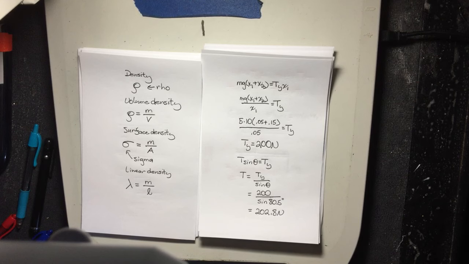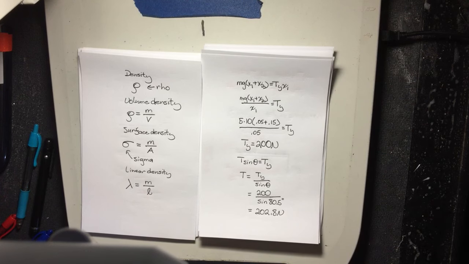Rho and lambda will definitely be used for test 3 material. Lambda just gives you, if you've got a string, a meter long string, you don't want to take the time to measure its volume. But what you do know is if that string is 10 grams and it's a meter long, you know that its linear mass density is 10 grams per meter.